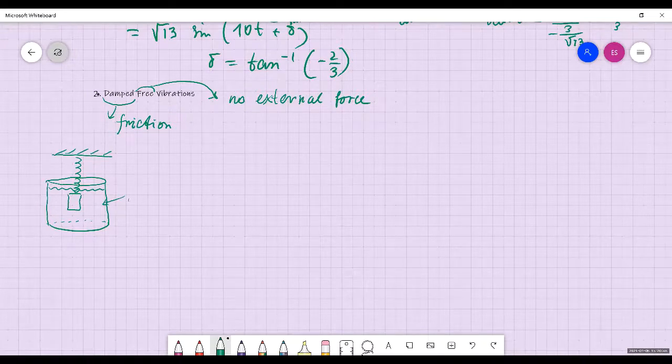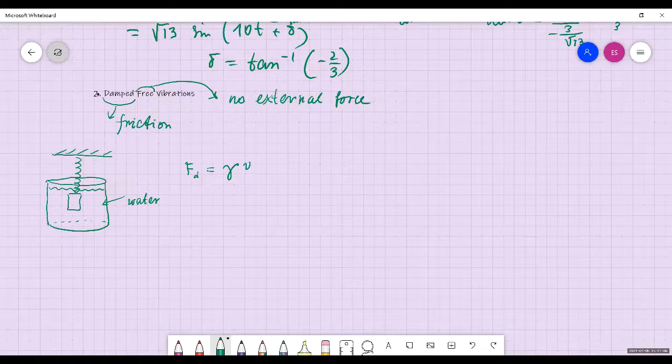Well, it can be water, it can be any other liquid. Let's imagine that's water. Well, what do we have in water? In water, we do have a force which resists the motion. If something is moving, for example, down, there is going to be a resisting force which is going to push it up. This is resistance of the medium.